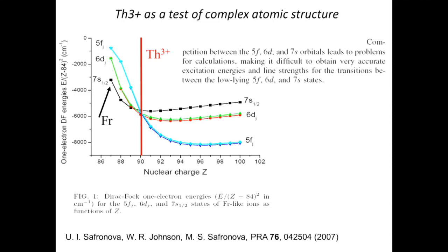You can see that thorium is here at the intersection where the ground state goes from 7s as in francium to 5f as in thorium and higher charged ions. Thorium is right at the intersection, so the influence of many-body effects is significant. So it's a good test laboratory for seeing that the atomic structure calculations take the many-body effects into account correctly.